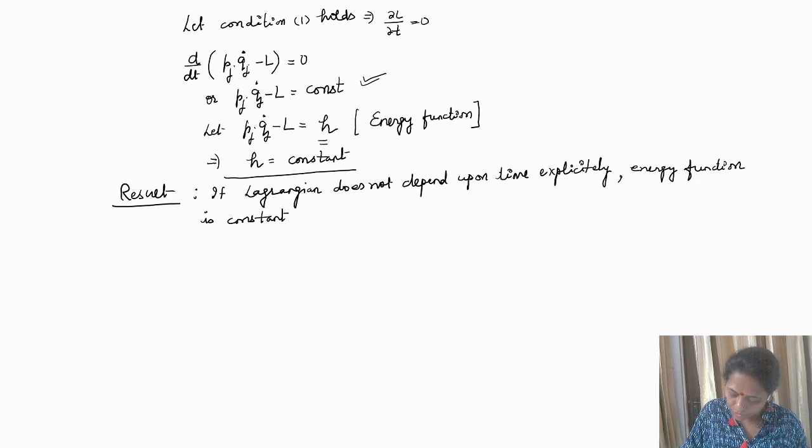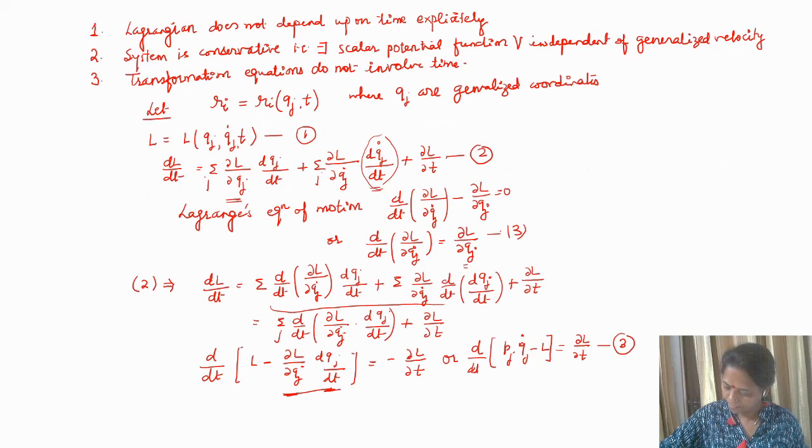This is also known as Jacobi's integral. This is relation 4.